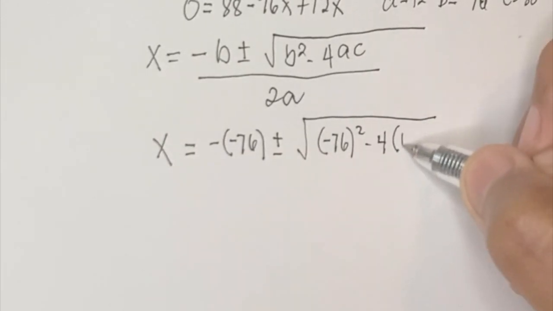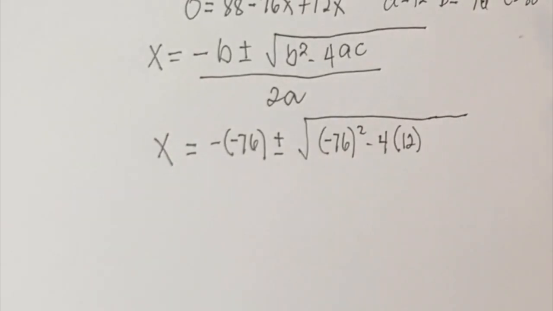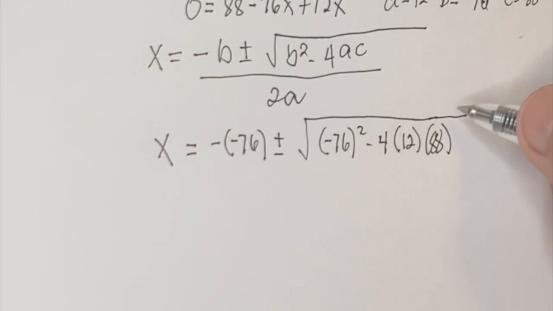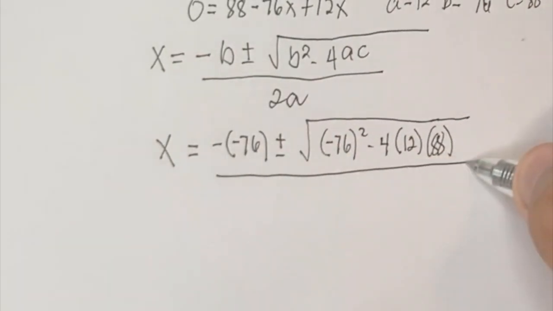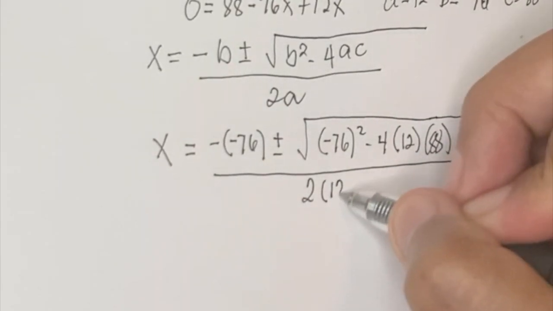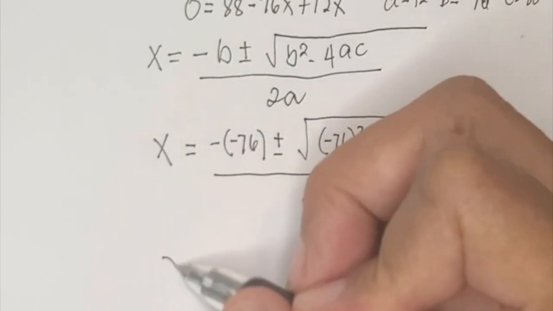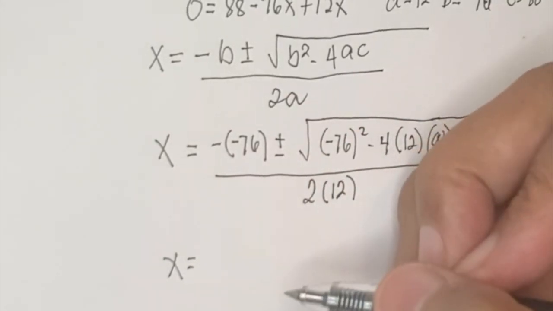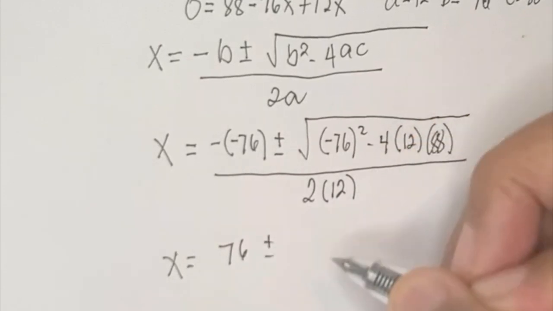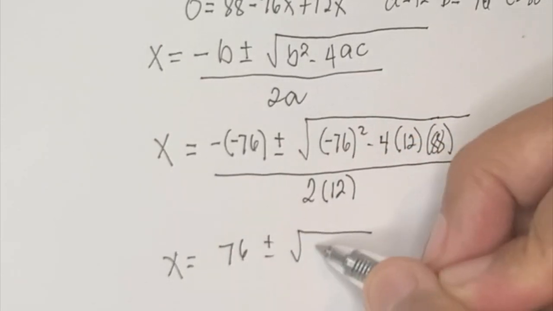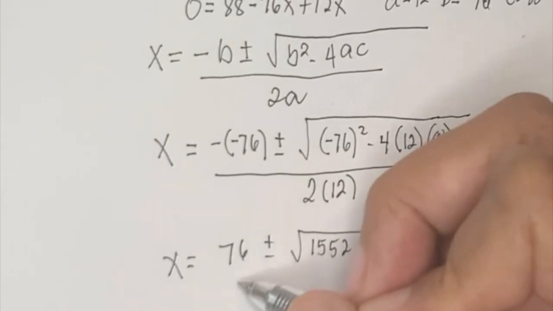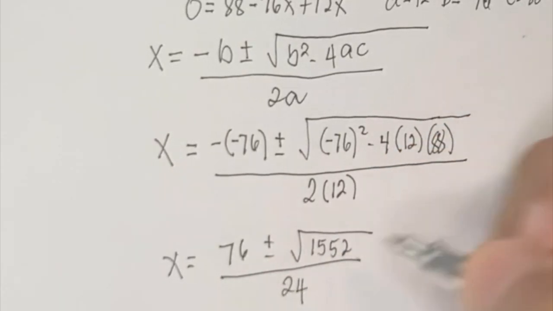So our A is 12 times C, 88, divided by, make sure you extend the line, divided by 2 times A, which is 12. That should give us X equals positive 76 plus or minus the square root of 1552 divided by 24.